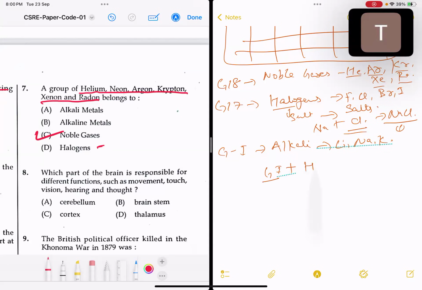Group 1 elements react with water to form what are known as alkalis. Because they form alkalis, they are known as the alkali metals. Alkalis are nothing but strong bases. And group 2 elements are known as the alkaline metals, or alkaline earth metals.